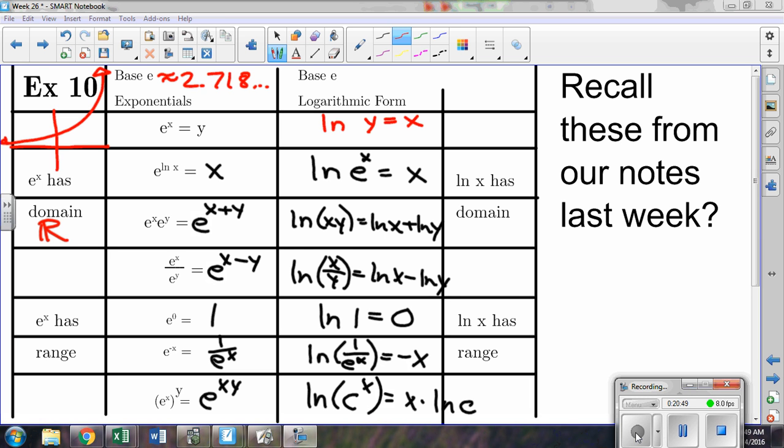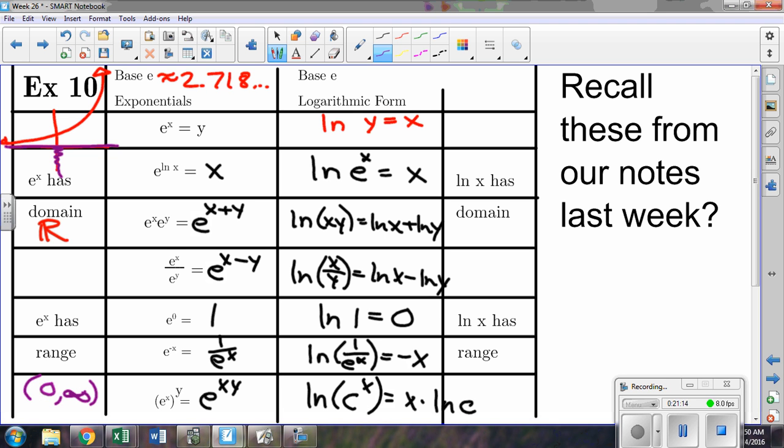But what about its range? For the range, we don't get anything on the x-axis because of the horizontal asymptote. We also don't get anything underneath. That tells us the range goes from 0 to infinity.